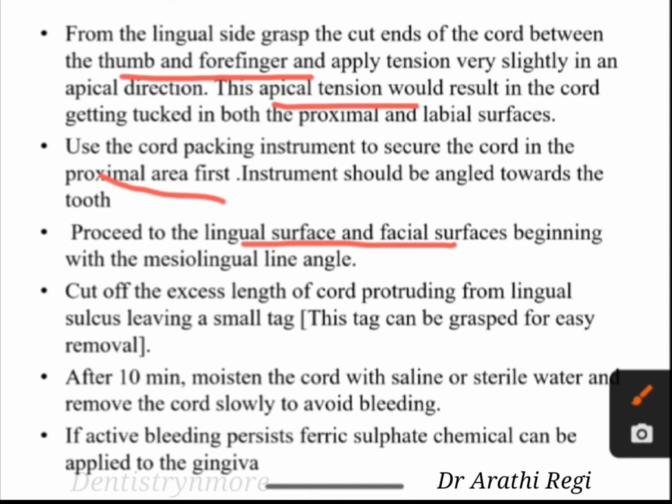If there is excess it is cut off, and after 10 minutes the cord is moistened with saline or sterile water, and it is removed slowly to avoid bleeding, and if the bleeding persists then ferric sulfate is applied to the gingiva.